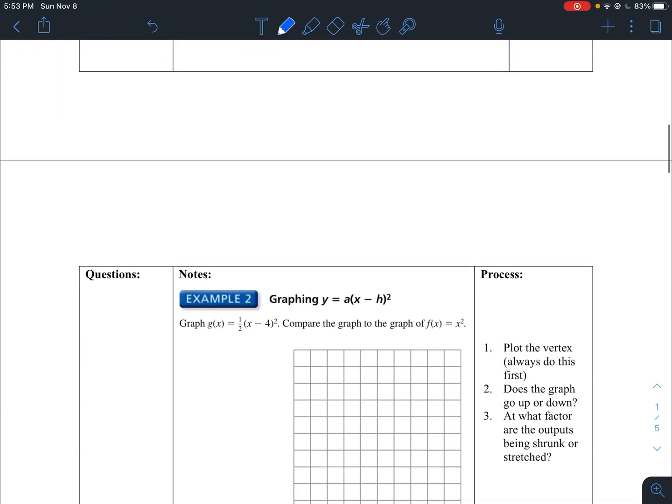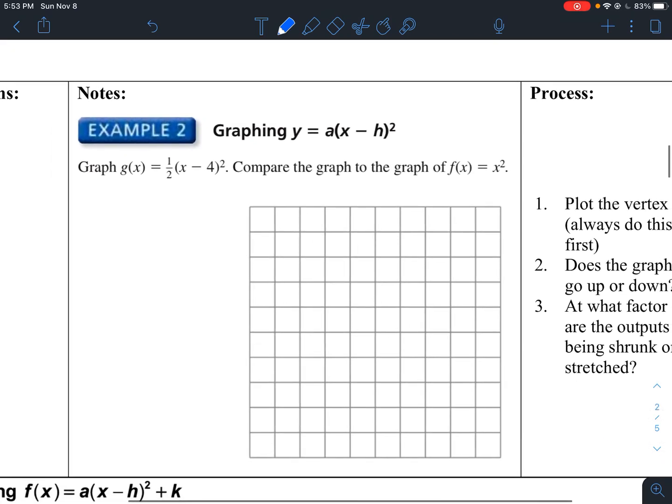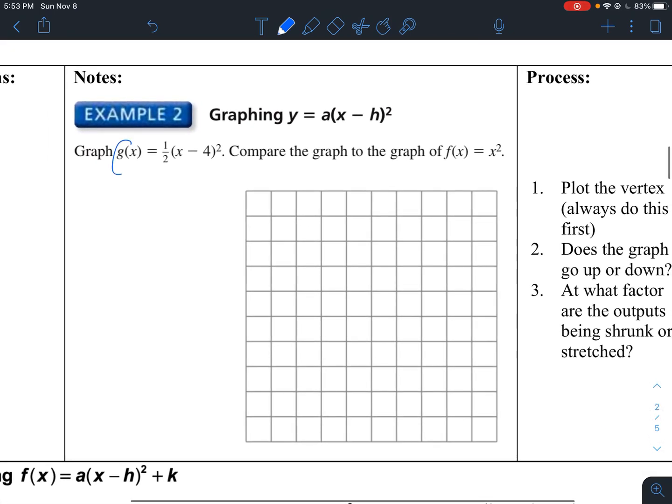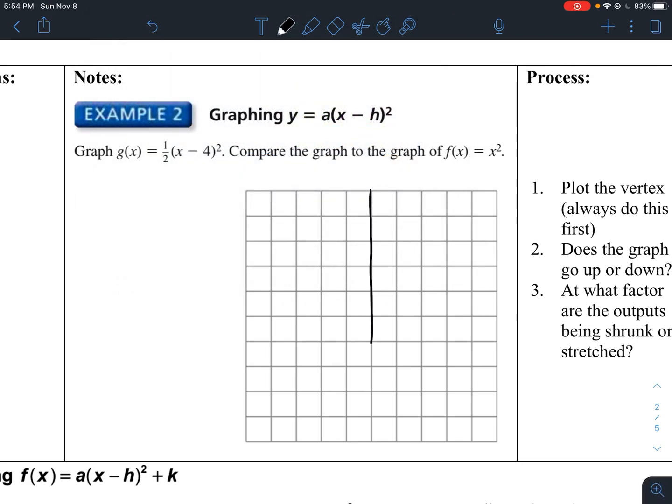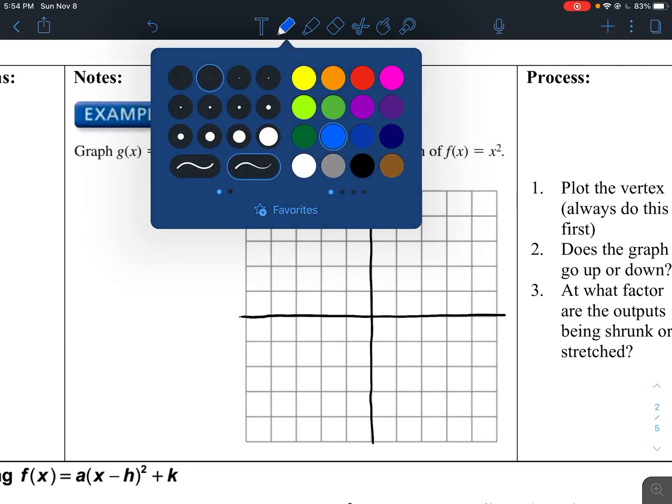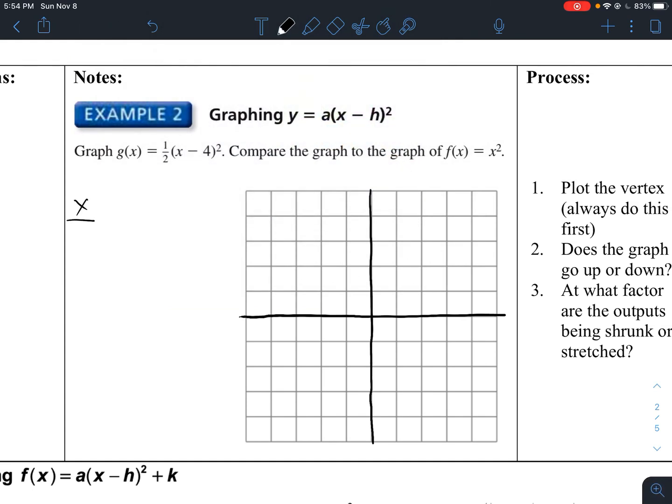So let's go ahead and do an example and see if we can apply what we've learned here. It says to graph g of x and compare it to f of x. So we know what the graph of f of x looks like. So let's go ahead and graph the parent function. I'm going to graph first my x and my y axis, like that. And so remember how we graphed, in 3.1, we learned how to graph the parent function.